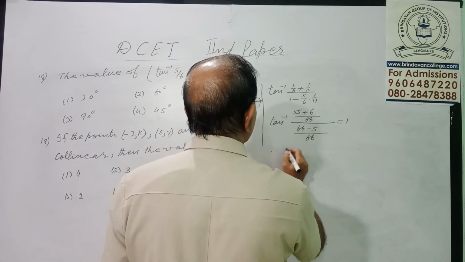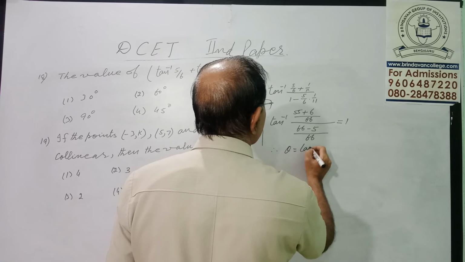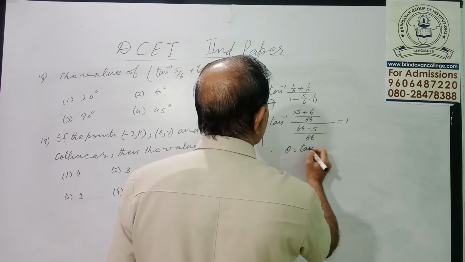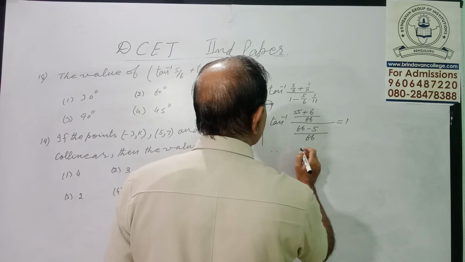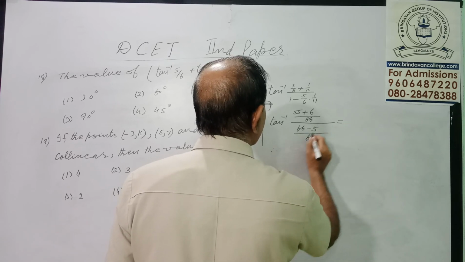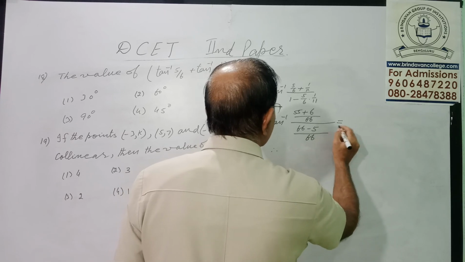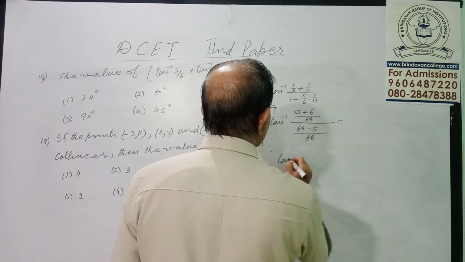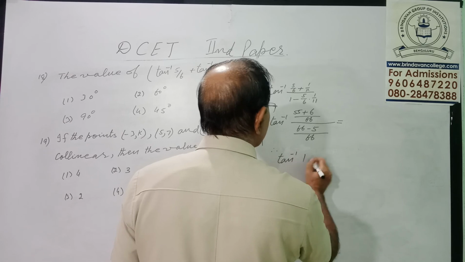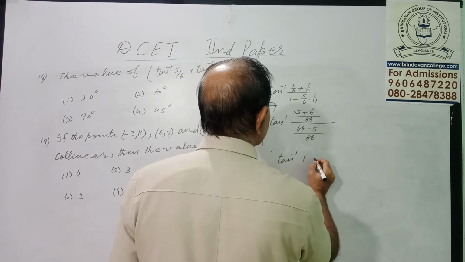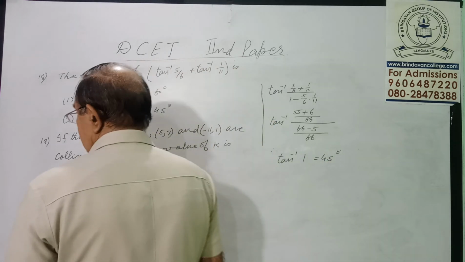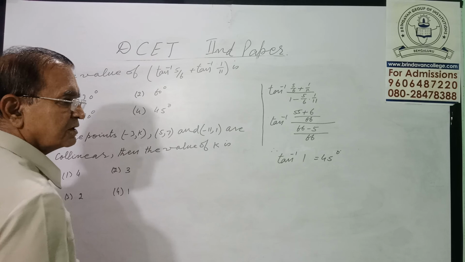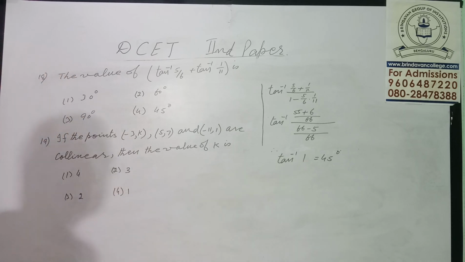So angle equals tan inverse 1, and tan inverse 1 means the angle is 45 degree.